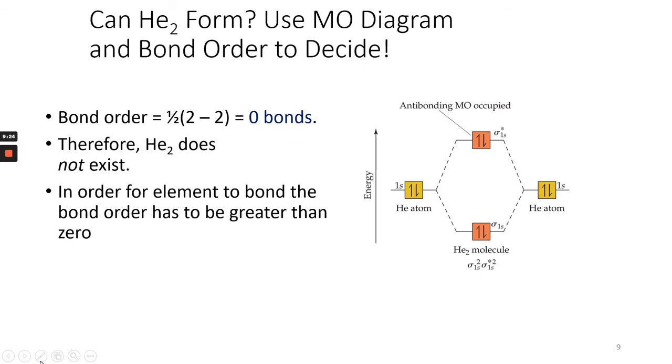So let's fill out our molecular orbital diagram for helium-2. So this is what we're trying to figure out, if this bond will form between 2 heliums. So the first thing is to write your helium atoms and then draw the orbital notation for helium. Helium ends in 1s2.